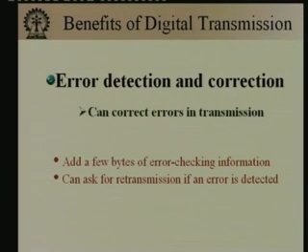So, we can correct errors in transmission, that is another advantage of digital signals. What we do is that we add a few bytes of error checking information and can ask for retransmission if an error is detected. I will give you a simple example.